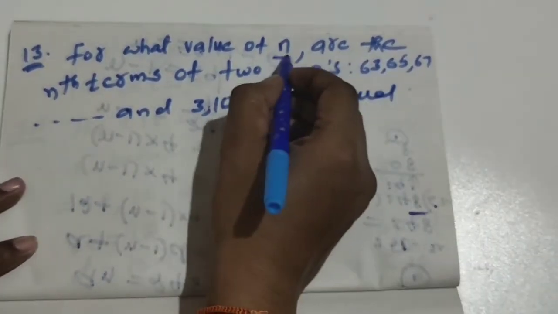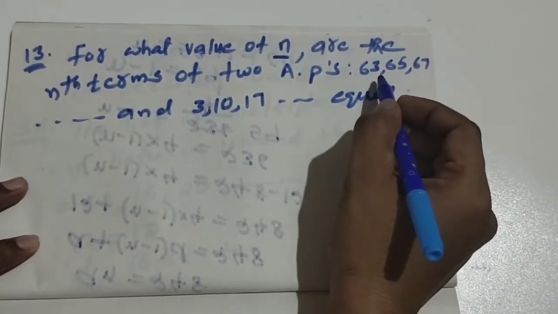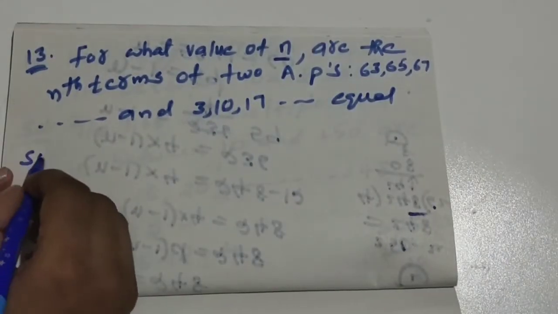That is, for what value of n are the terms of these two APs equal?